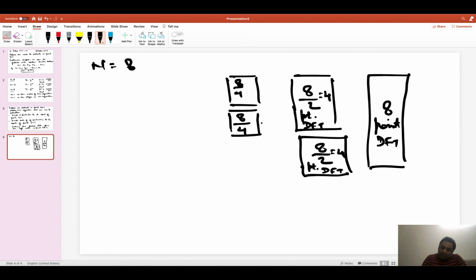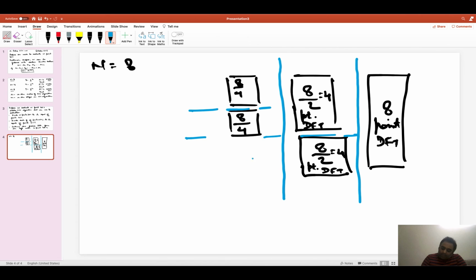This is one demarcation, this is the second demarcation, and then you have 8 by 4 here, 8 by 4 here. So this is fundamentally 2.